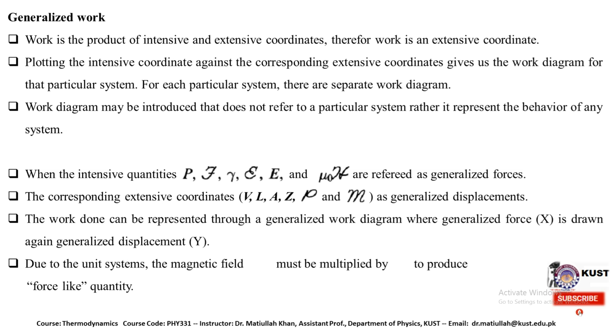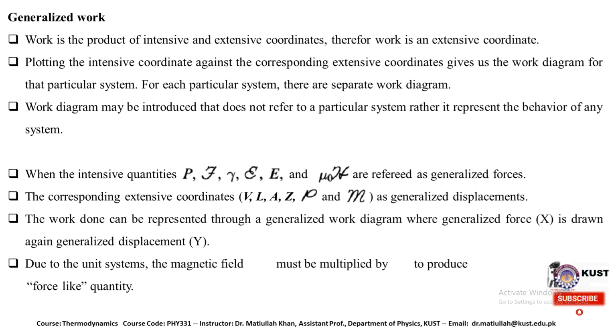If we generalize it, we will have a generalized force, and in the same way a generalized displacement. The multiplication of generalized force and generalized displacement leads to a generalized work. Similarly, the intensive coordinates, the pressure, tau, rho, epsilon and E, and similarly mu naught H, are actually the force.